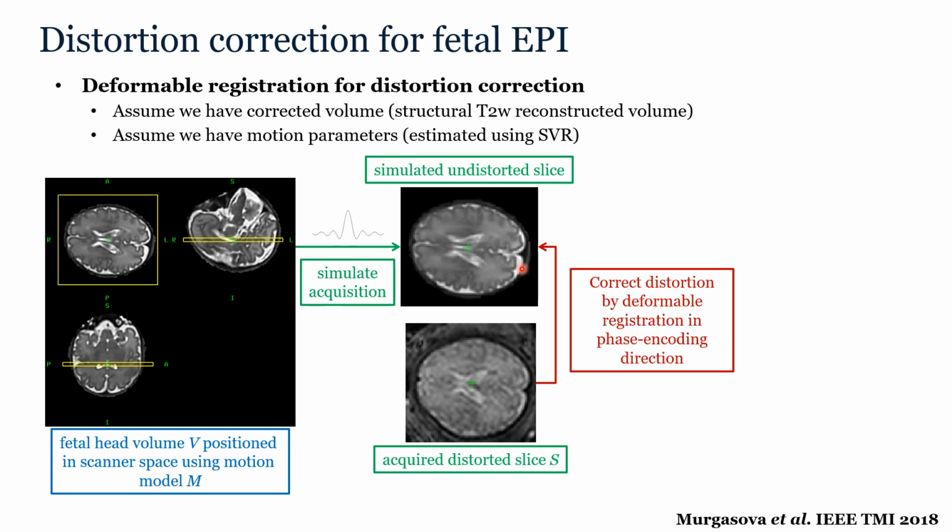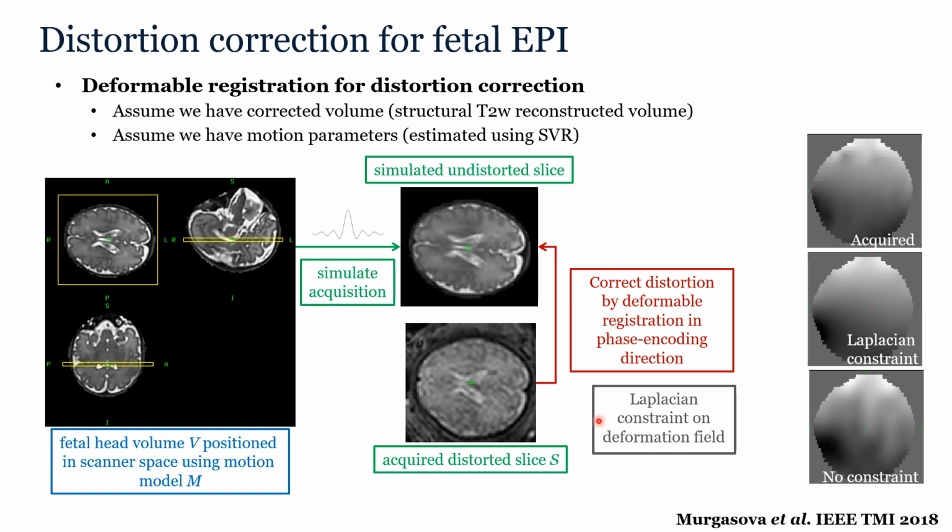And then we can correct the distortion in the acquired EPI slice by deformable registration in phase encoding direction only. And also we apply a Laplacian constraint on the deformation field. Here you can see an example of what happens if we use a Laplacian constraint or not.